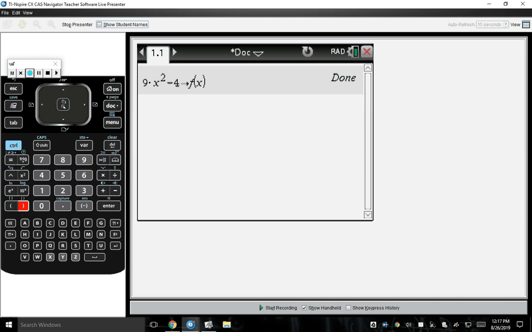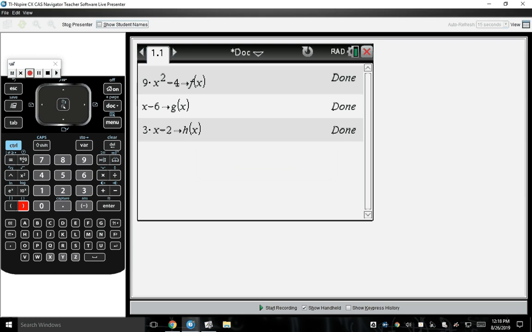G of x, x minus 6. I'm going to go control variable, and I'm going to call it g of x. We good? Dylan, what's my last one? 3x minus 2. We're going to control it, and we're going to store it as h of x.